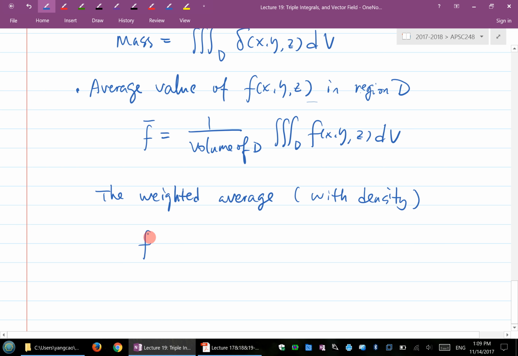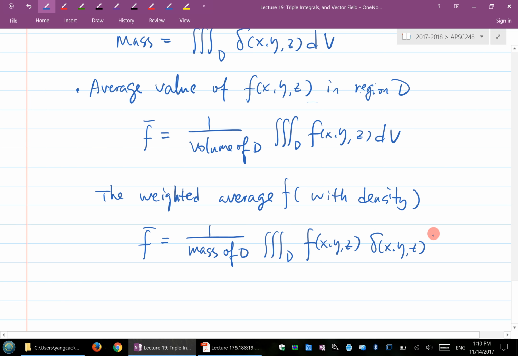So for the weighted average of f, instead of 1 over the volume, it will be 1 over the mass. And then you have the original function f here, times the density function, for example delta(x, y, z), and dV. So that's the weighted average.